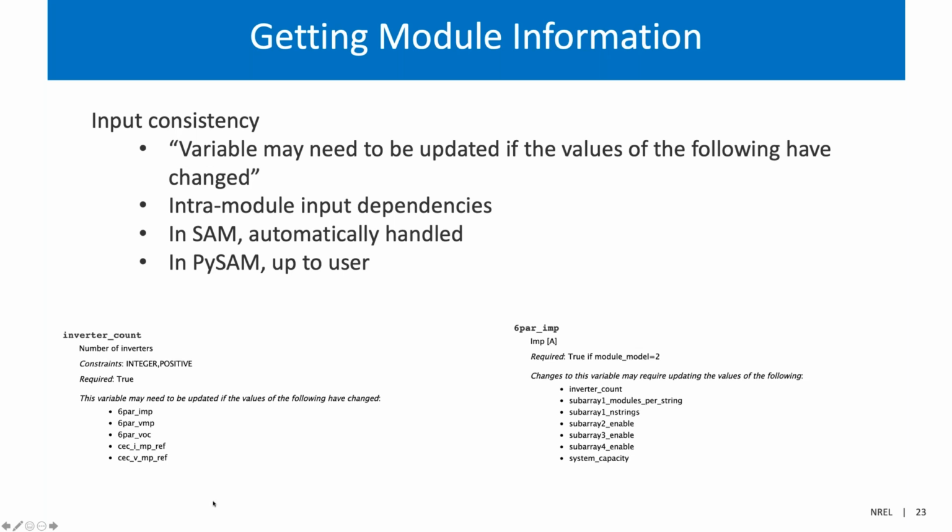So in the example that I have here, the inverter count input to the detailed PV model, PVSAMV1, this is the number of inverters, and the detailed PV model uses an inverter model that models the input and output voltages and powers.